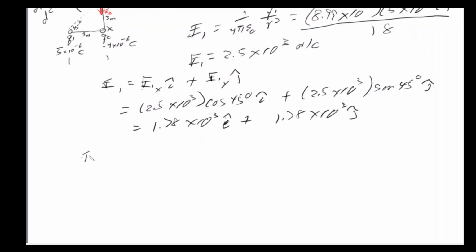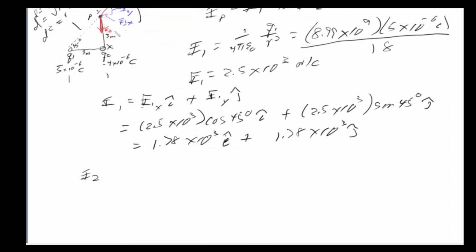Now let's find E2, the electric field due to charge 2. Well, we know that the electric field due to charge 2 points down in the minus y direction because Q2 is a negative charge and the electric field points towards it. So in this case, E2 is equal to E2 in the x direction plus E2 in the y direction.